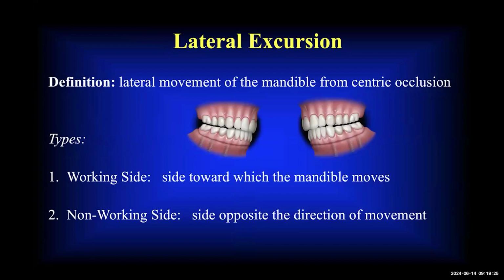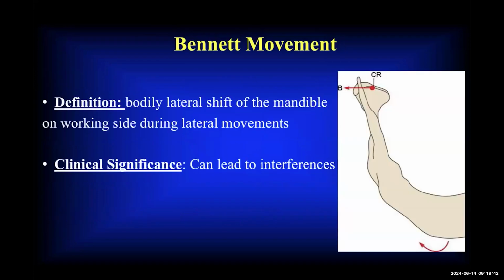When we look at lateral excursions, that is where the mandible is going side to side. The side that the mandible is going to is called the working side. The opposite side of that is the non-working side. So there are two different lateral excursion types.